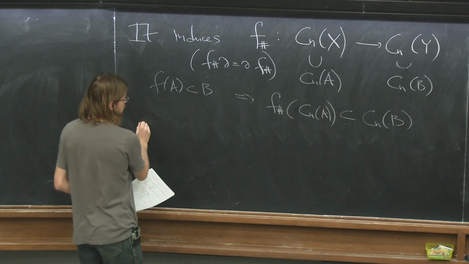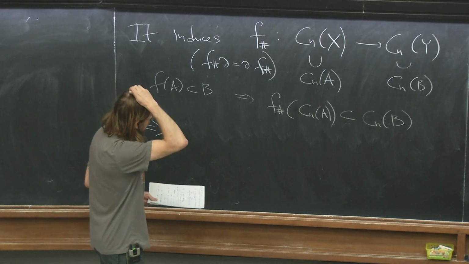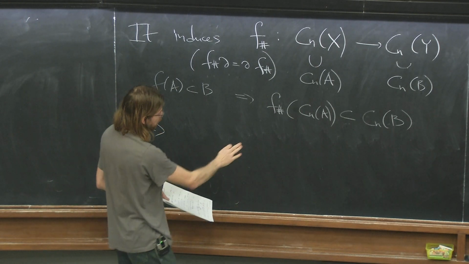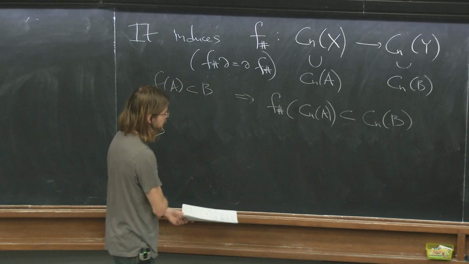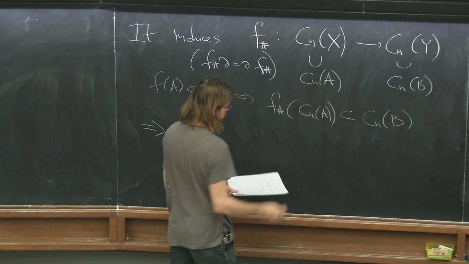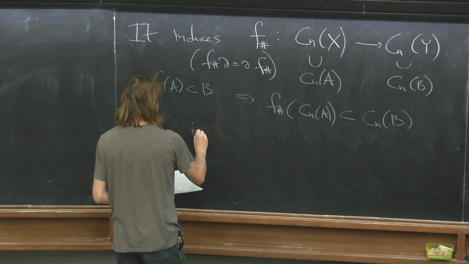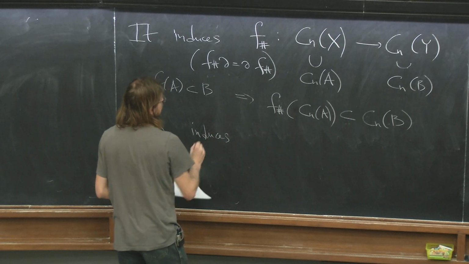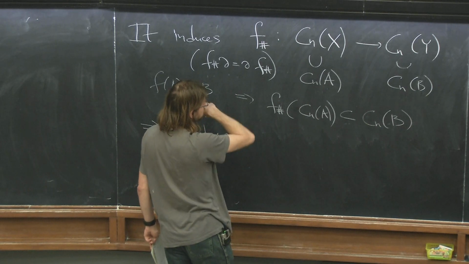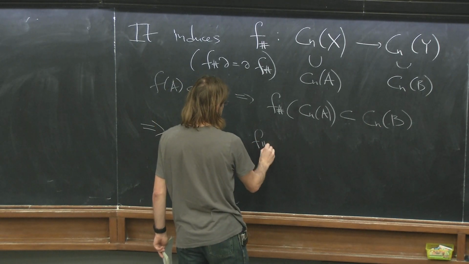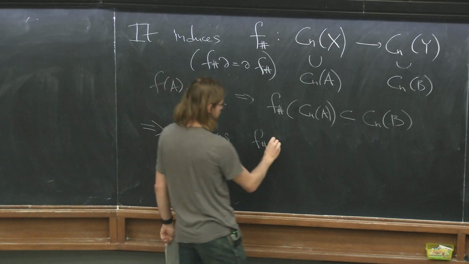And therefore, from this property that the image of Cn of A under F sharp is inside Cn of B, it follows that this map F sharp can be used to construct an induced map on the quotient, which we'll also denote by the same symbol F sharp.